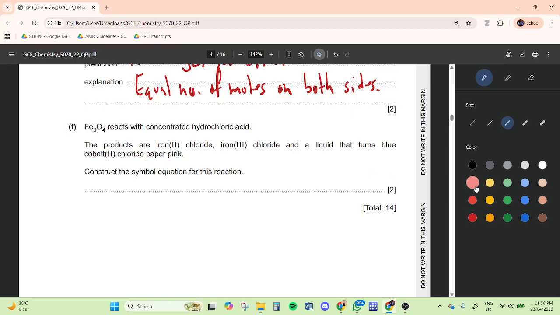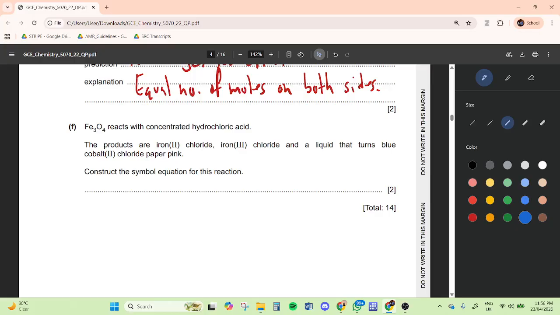So this question says, iron 3 oxide reacts with concentrated hydrochloric acid. The products are iron 3 chloride and a liquid that turns blue cobalt chloride paper pink. So what could that be? Obviously that's water, right? Any liquid that turns cobalt chloride paper pink is going to be water.